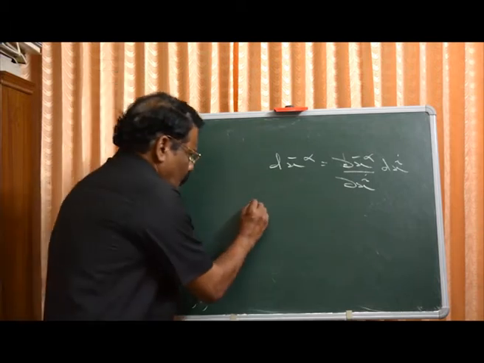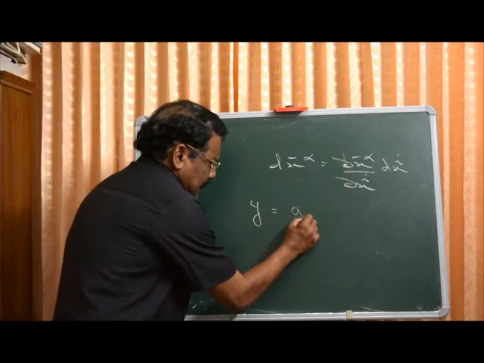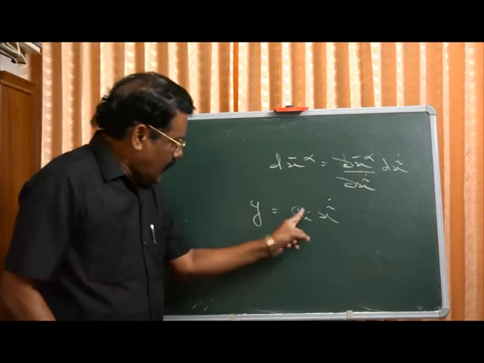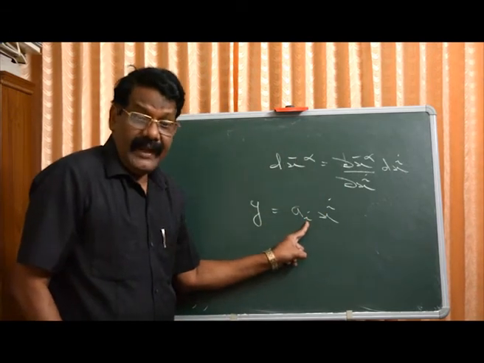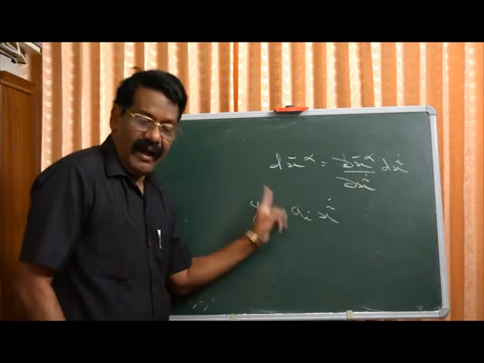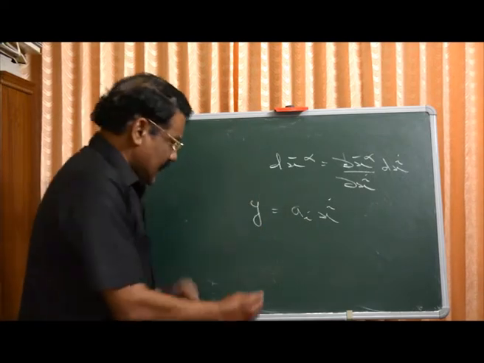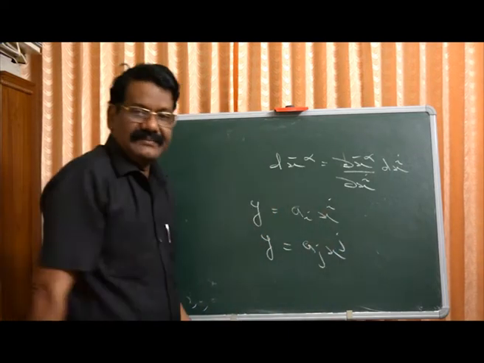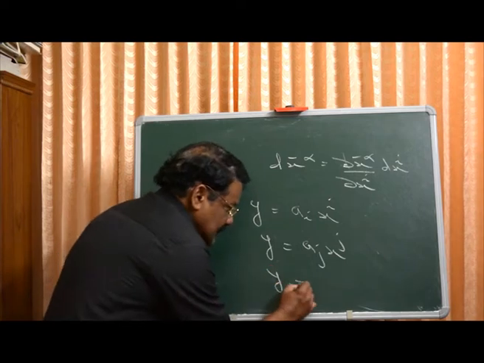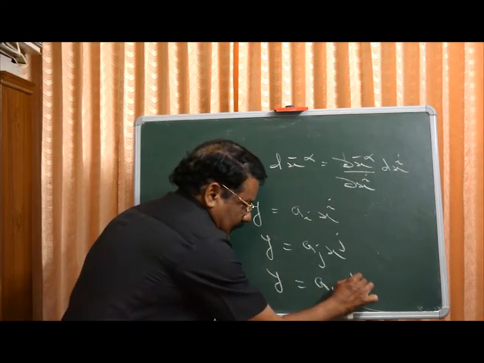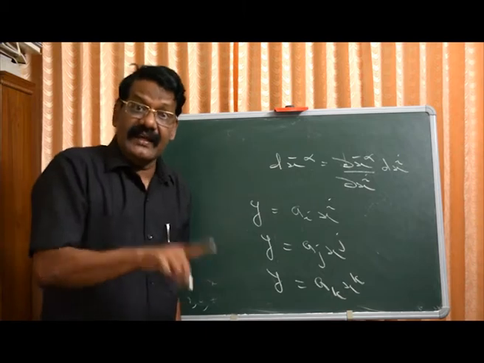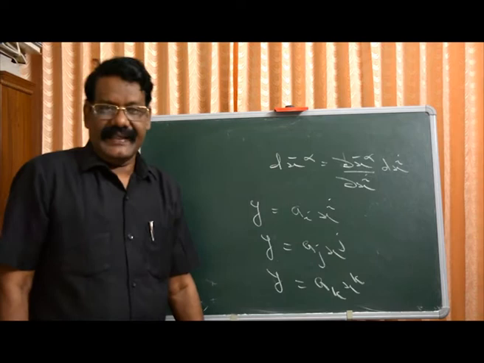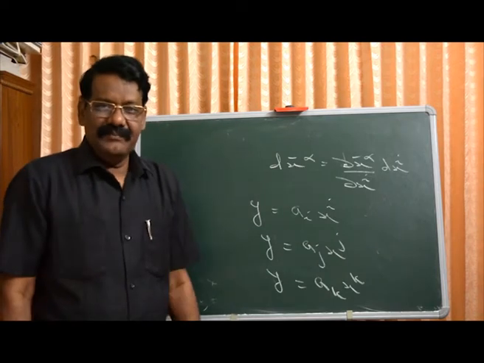The free index should not be changed. For example, y is equal to a_i x_i. Obviously, i is dummy, and there is a summation here. Remember that always there is a summation there. So I can as well write this as a_j x_j, or I can write y is equal to a_k x_k. This is the reason why it is called a dummy. You can change that with any other index.